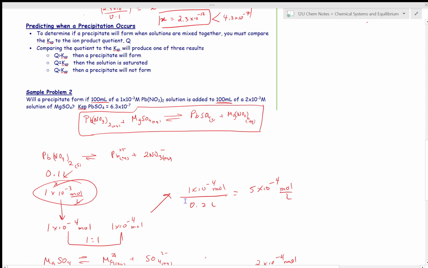And so I have 200 milliliters or 0.2 liters total in the resulting solution, and so I have to use the resulting solution's volume to determine the concentration of the lead ion. So I actually end up taking 1 times 10 to the minus 4 moles of lead ions and dividing it by 0.2 liters, and I produce 5 times 10 to the minus 4 moles per liter. This is the concentration of lead ions that I have in the resulting solution.